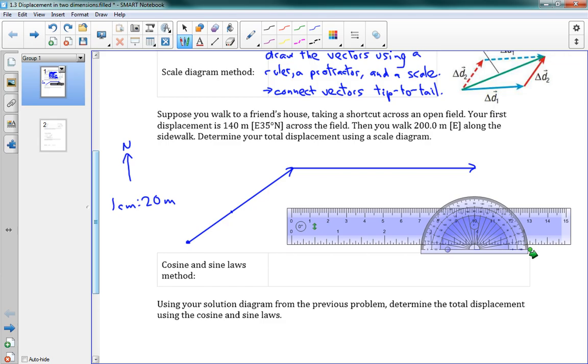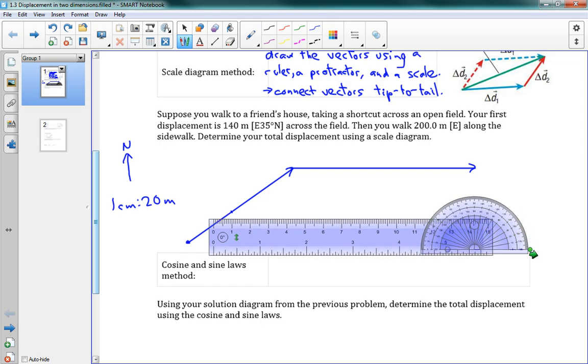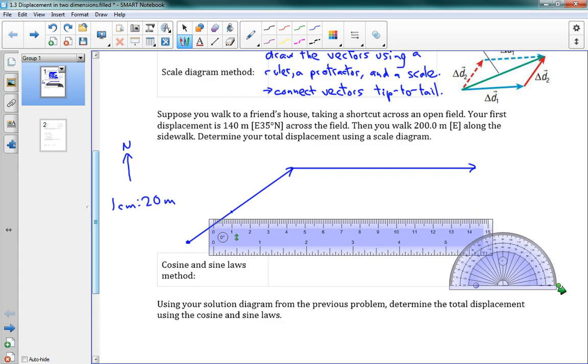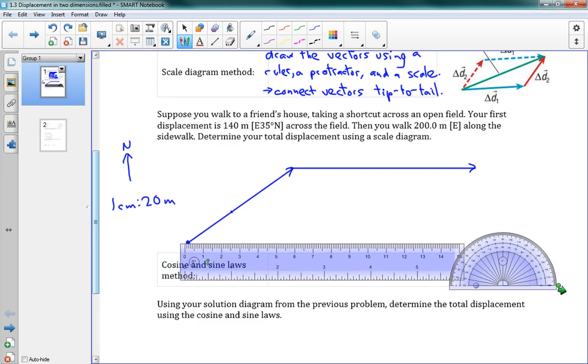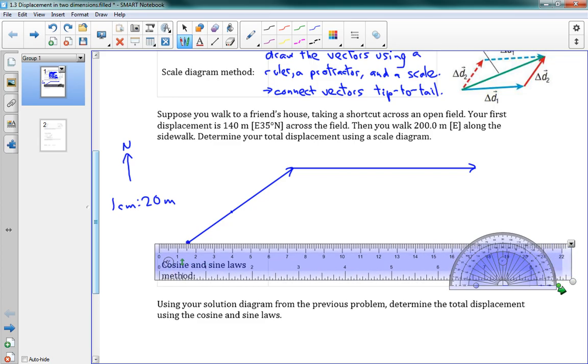Okay, so the last piece here is I've drawn those two. Now what I want to do is figure out the total. Well, the total is going to be the distance from the starting point to the end. So what I need to do is a couple things. I need to extend my ruler, and I need to rotate it.